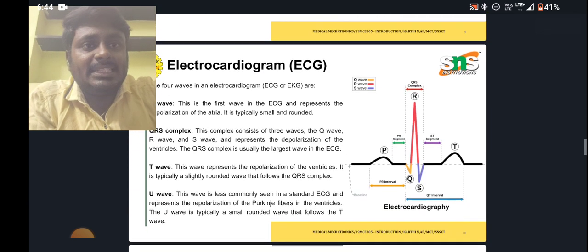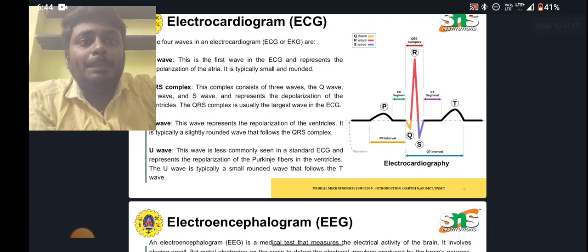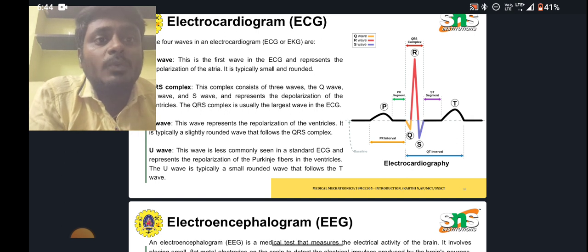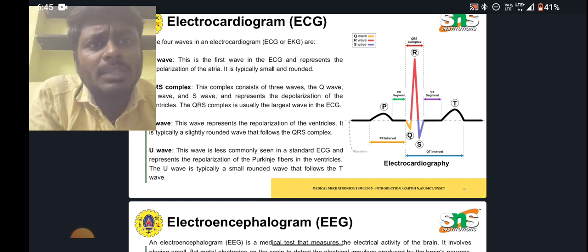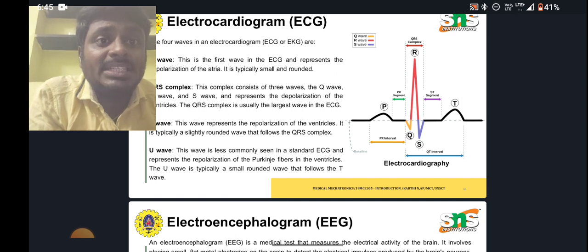In an ECG waveform, the P wave is the first wave in the ECG and represents the depolarization of the atria. It is typically small and rounded. The QRS complex consists of 3 waves, the Q wave, R wave and S wave, and represents the depolarization of the ventricles. The QRS complex is usually the largest wave in the ECG.